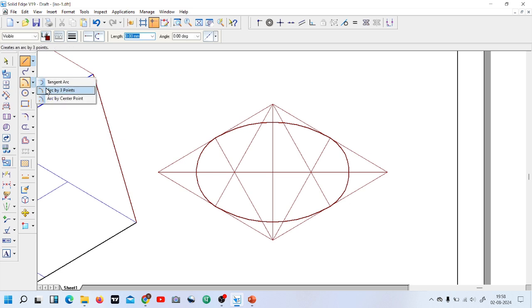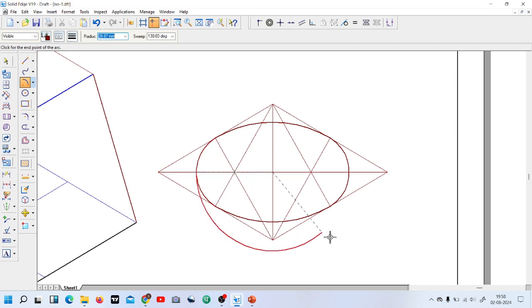Now take an arc by center point method. Keep this as the center point and this quadrant point as the radius. Let us draw a half circle over here. Now this is a hemisphere.